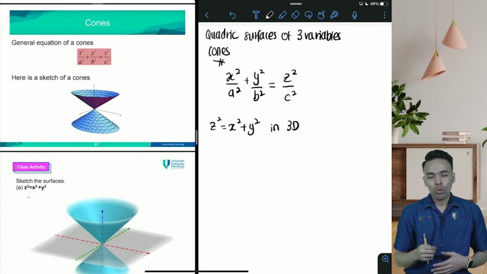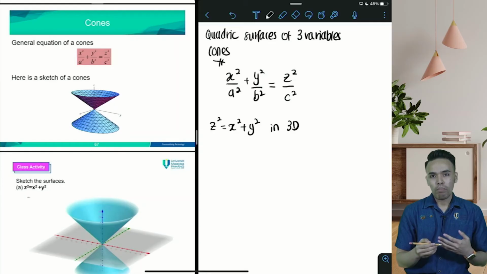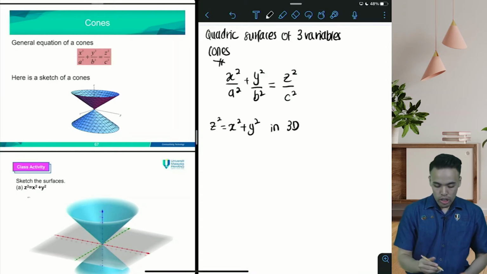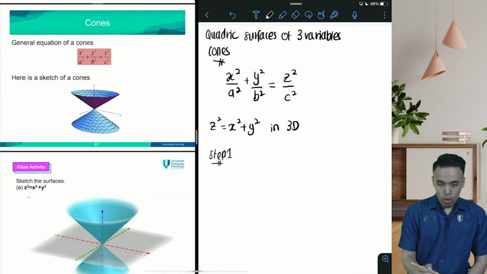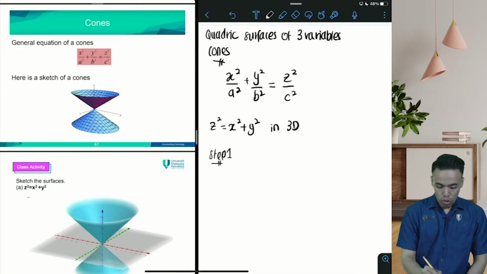We will apply the same three steps which we used when we sketched the paraboloid and the ellipsoid. Step number one, you have to look at your surface along the z direction. So you have to let z is equal to 0.